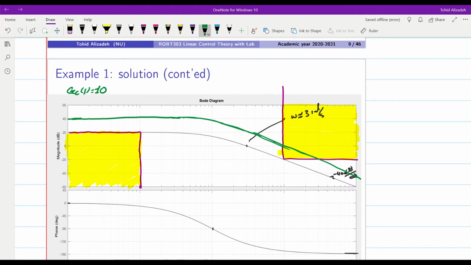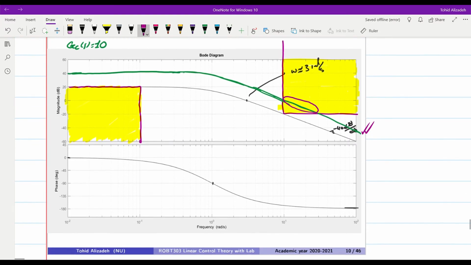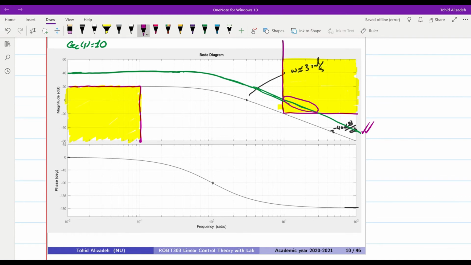What happens here is that we will be fine in terms of the disturbance rejection, we will be fine in terms of the steady state error, but now we have part of the amplitude plot entering into the dangerous zone for the noise attenuation. So this is not a good solution indeed. We cannot use this. On the other hand, the crossover frequency will also increase.